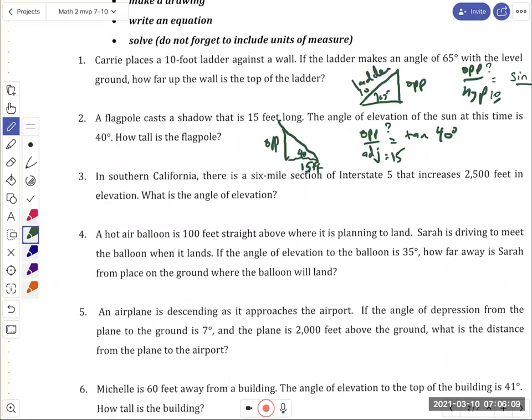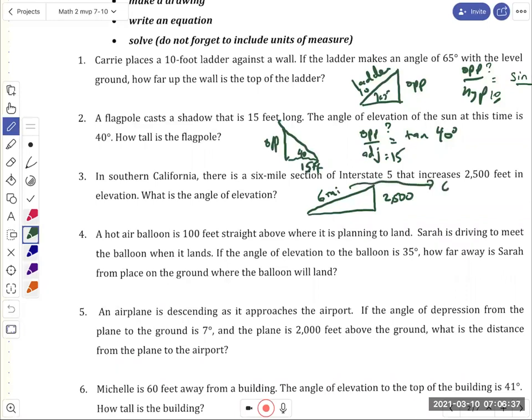Let's look at one in Southern California. There's a 6 mile day. They're going to make you do a little more work here. The ratio of elevation: here's the road, it's 6 miles, and here's the increase. It increased 2,500 feet. This is where it comes in handy to have Wolfram Alpha.